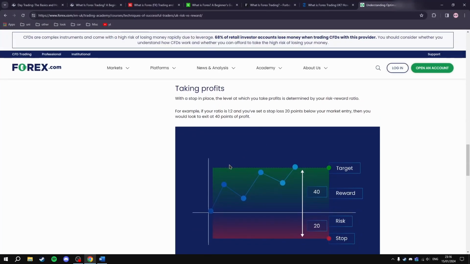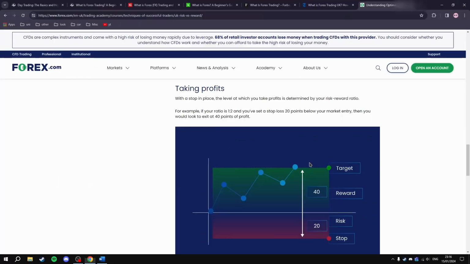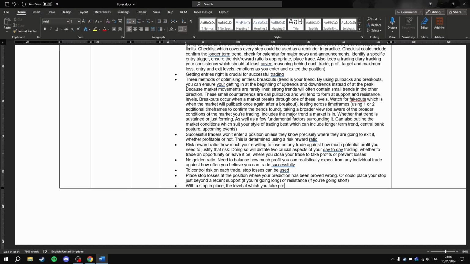Right, okay, taking profits. With a stop in place, the level at which you take profits is determined by your risk-reward ratio.